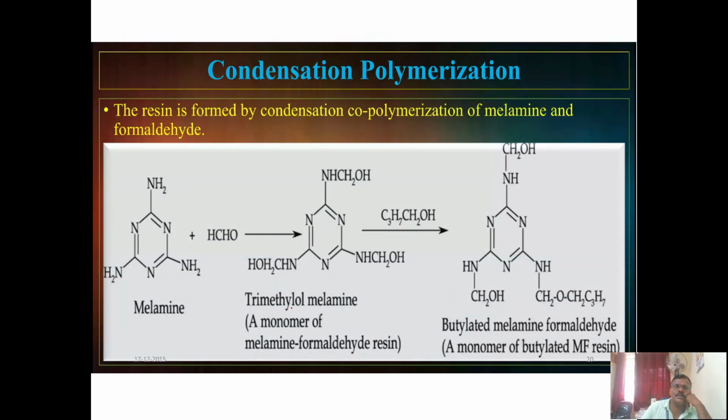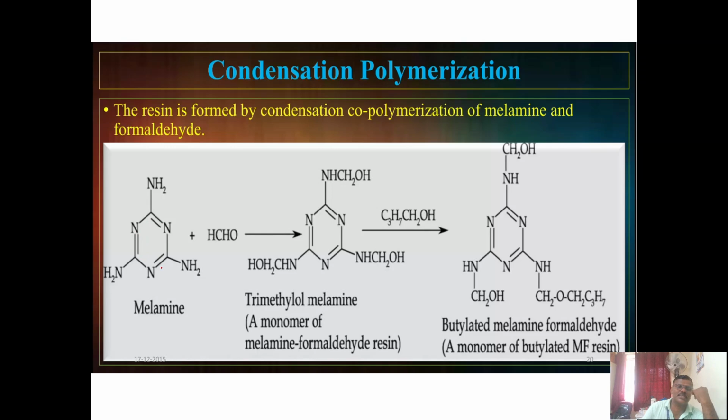Condensation is very simple. Just two different monomers will react, sometimes with water elimination, sometimes methanol elimination, and we get the product. This is a famous polymer, the melamine formaldehyde polymer. You start with melamine. What is melamine? It is an aromatic trinitrogen, tricarbon system.